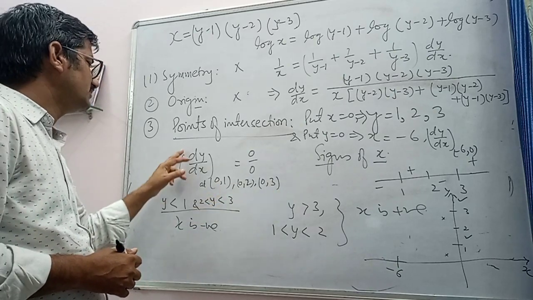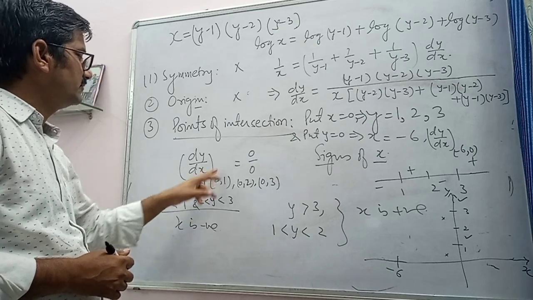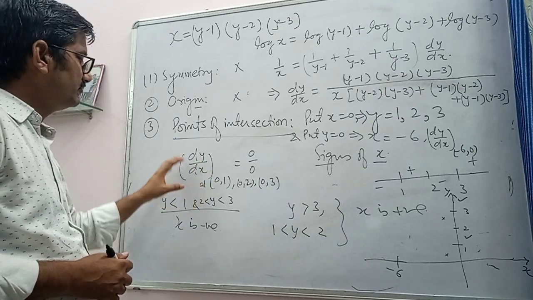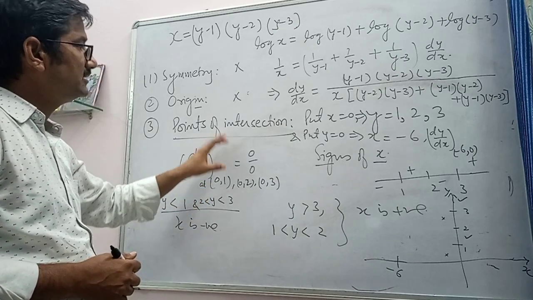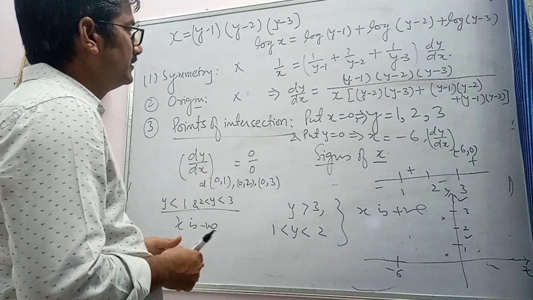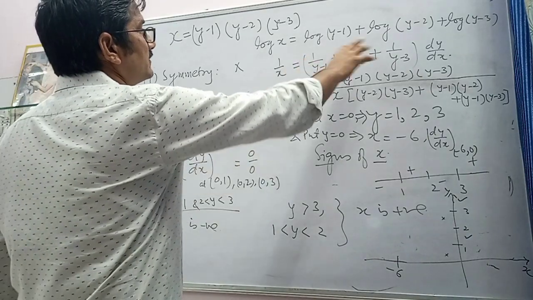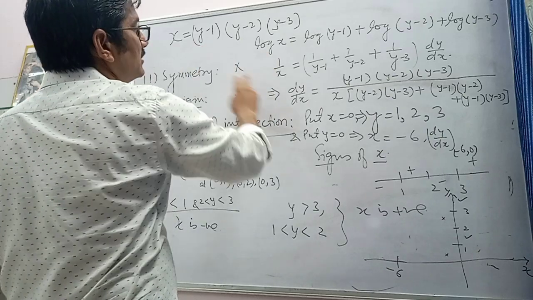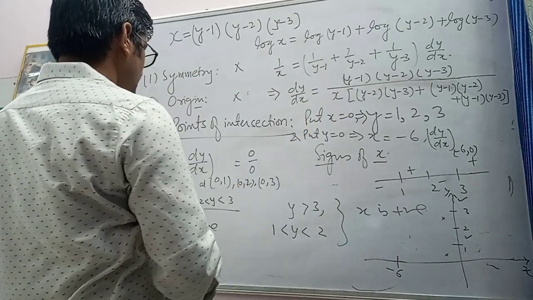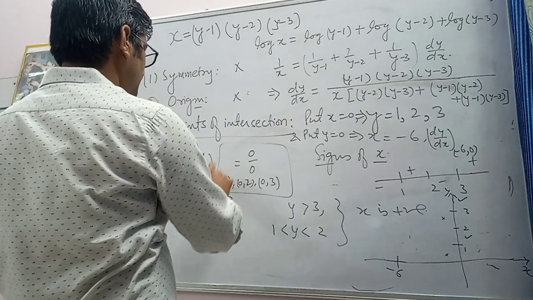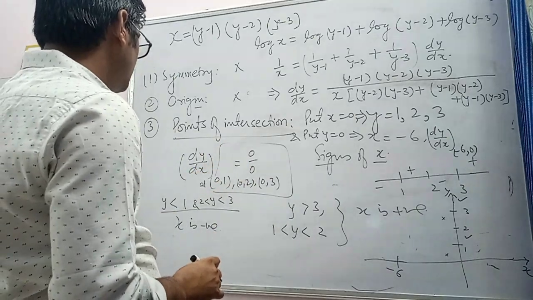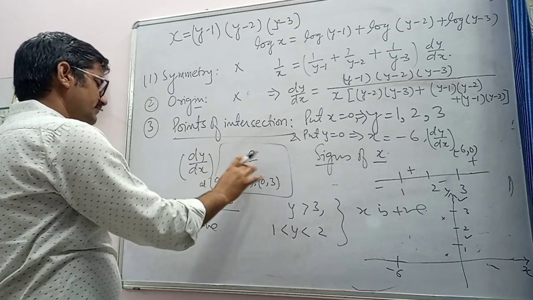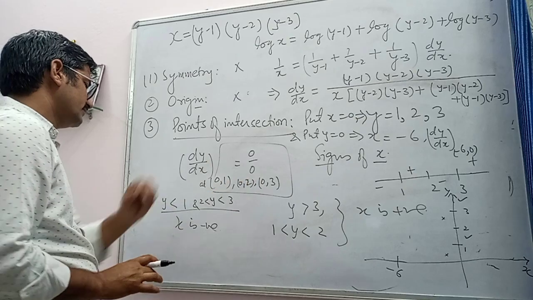So we must find dy by dx, means the slope of the tangent. If we find the slope of the tangent at these points, dy by dx from this curve, the calculations are here. So we will get this value. We have a problem here due to the indeterminate form.